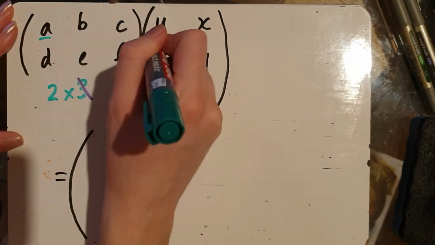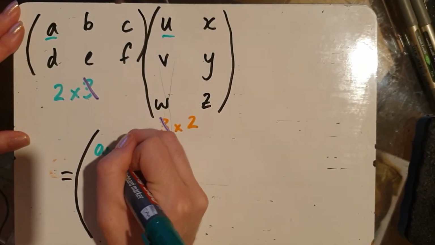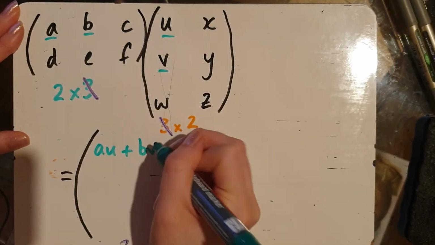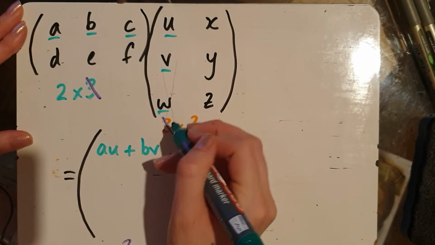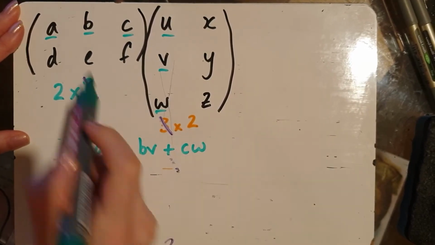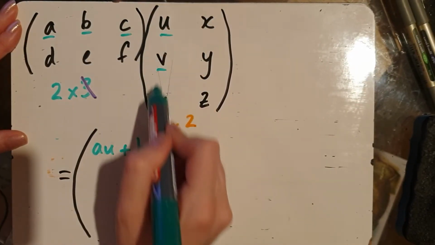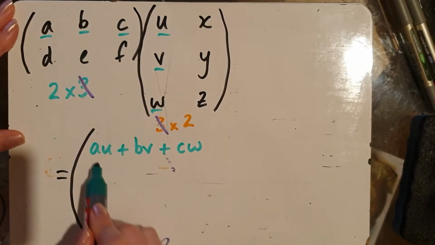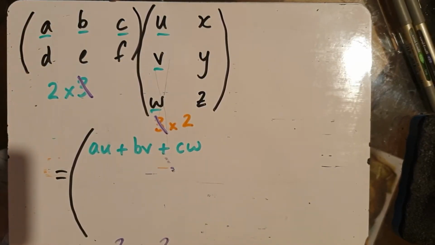So I'm going to do A times U plus B times V plus C times W. So I've multiplied the first row by the first column, and that gives me the entry in the first row and first column of the new matrix.